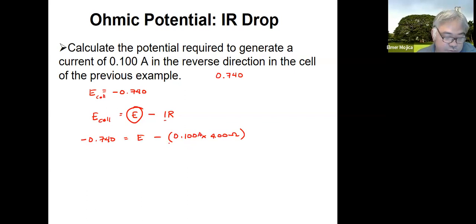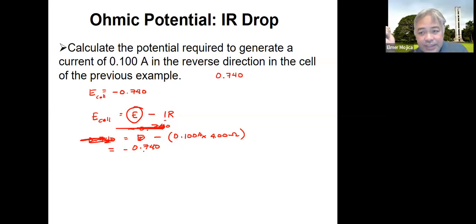And what do you do? Oh no, I think the one that's given there, this is the point, negative 0.740. So ano ngayon yung potential if you apply it with the current? So this is depicting that the potential will be higher, at least in magnitude.